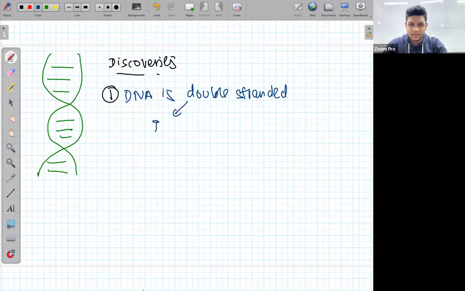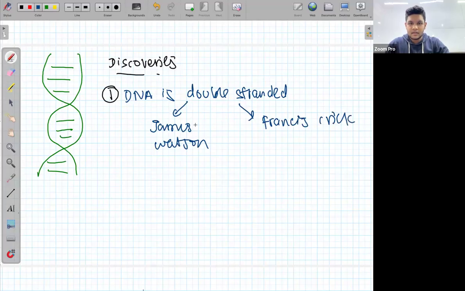First one was James Watson and Francis Crick. These two proposed that DNA is a double stranded molecule using a technology called X-ray crystallography.